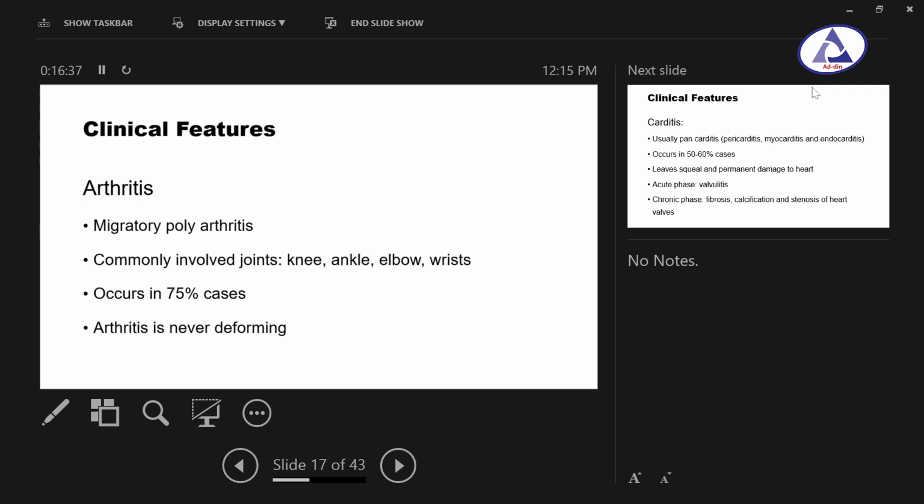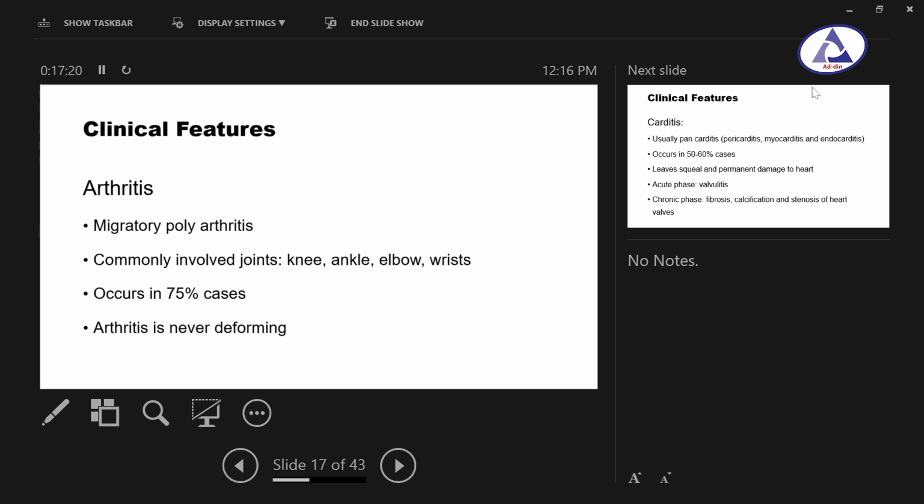It occurs in large joints, is migratory in nature, and is a polyarthritis, commonly involving the knee, ankle, elbow and wrist joints, and occurs in 75% of the cases of acute rheumatic fever. Also, the arthritis is never deforming. There may be spontaneous resolution after 4 weeks, with no residual involvement of the joint and no deformity in acute rheumatic fever.